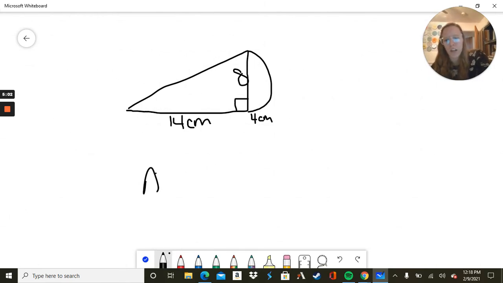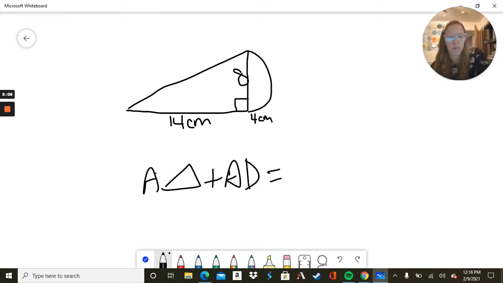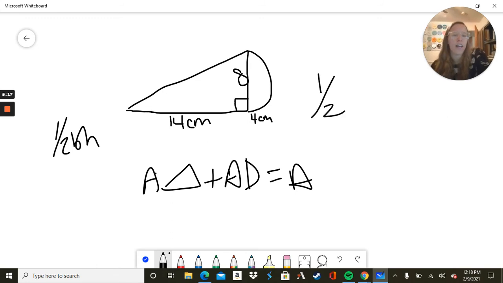So we'll take the area of the triangle plus the area of the semicircle equals our area. Triangle is half base times height. Semicircle again is half pi radius squared.